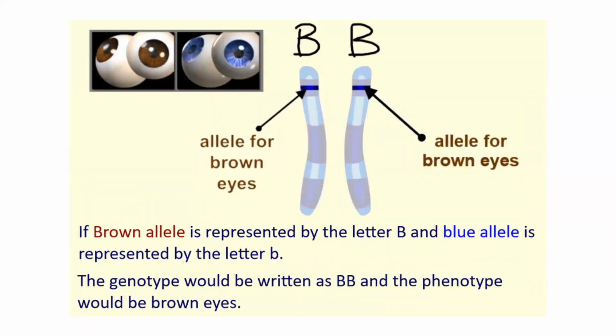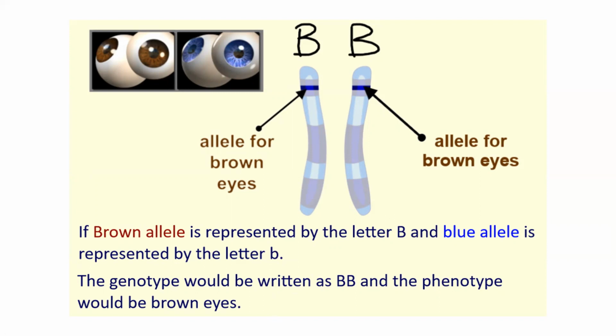So in this example, let's use brown. The brown allele is represented by the letter big B, capital B. And the blue allele, we're going to represent using the letter little b. When we are writing down a genotype for a particular characteristic, we use letters. We use capitals for one form of the gene and lowercase for the other form.